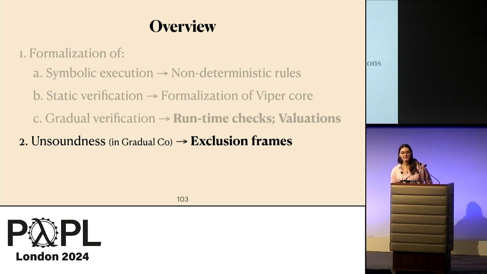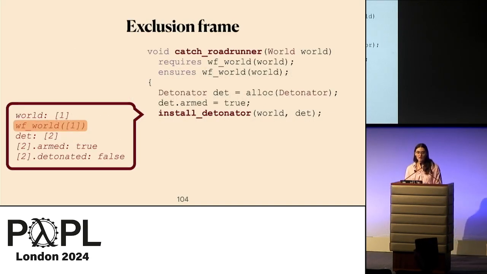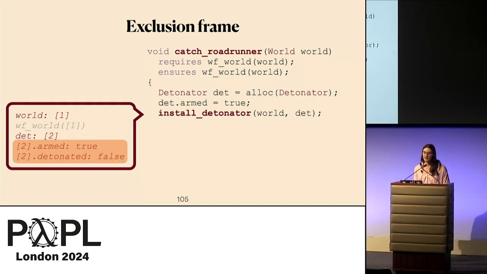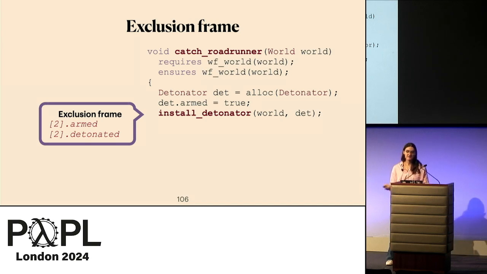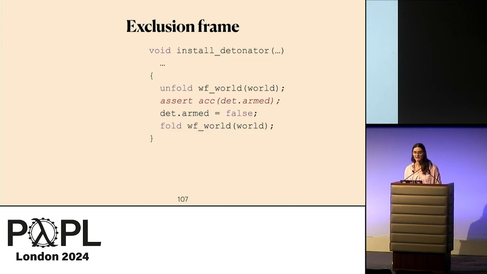But since the case I've described only arises with inconsistent assumptions, we instead change the dynamic semantics by defining what we call an exclusion frame. Since only the well-formed world predicate is consumed during the call, and the verifier state retains ownership of the armed and detonated fields, these fields are included in the exclusion frame, and therefore not passed to the install detonator method.